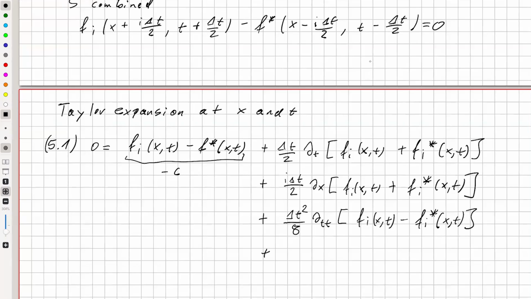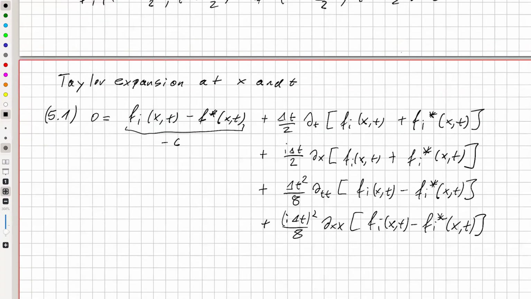So same thing for space. There will be an 1/8 here, ∂xx f_i(x, t), again minus, important, (x, t). And then we also have one mixed term. The mixed term is c_i Δt times Δt. There is from the Taylor expansion for the mixed term, because it's twice the first order term, no 1/2 here from the Taylor expansion.